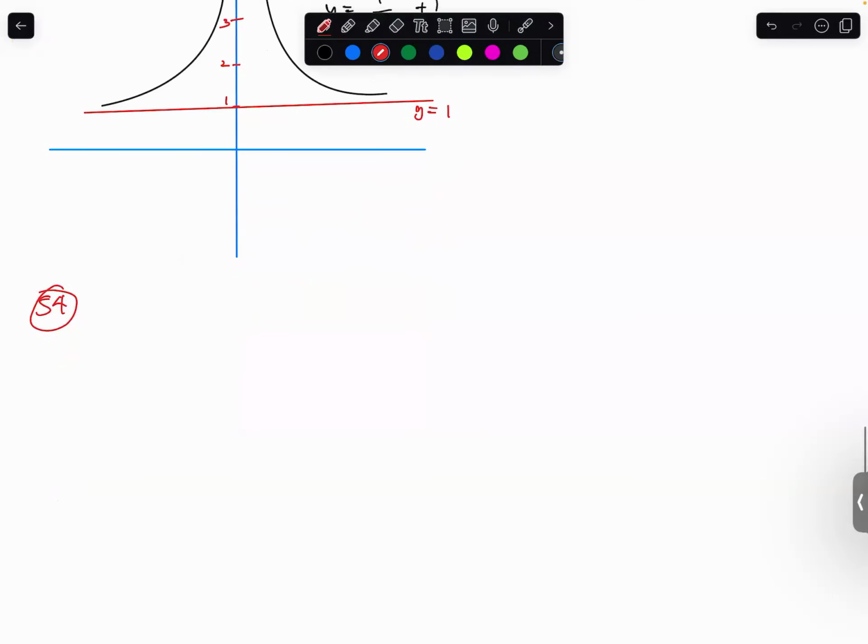We have the graph of y equals minus 5x to the power of 1 over 3. This is the same thing as the cube root of minus 5x, if we use this notation.